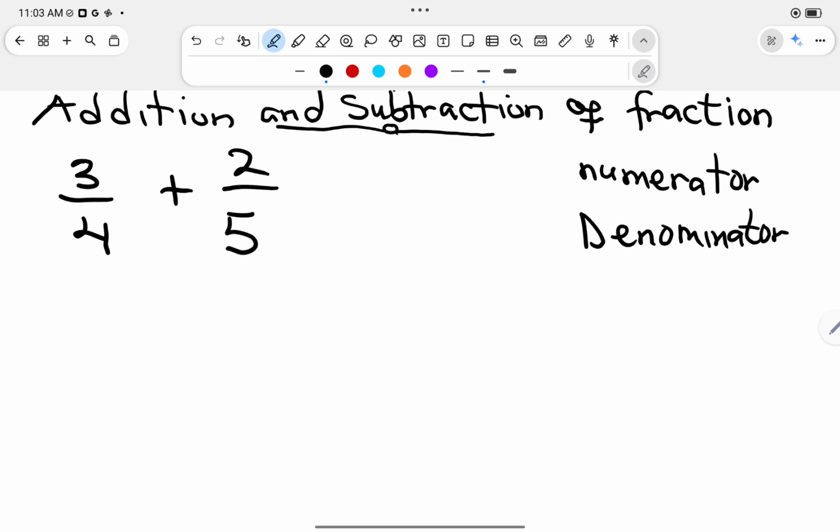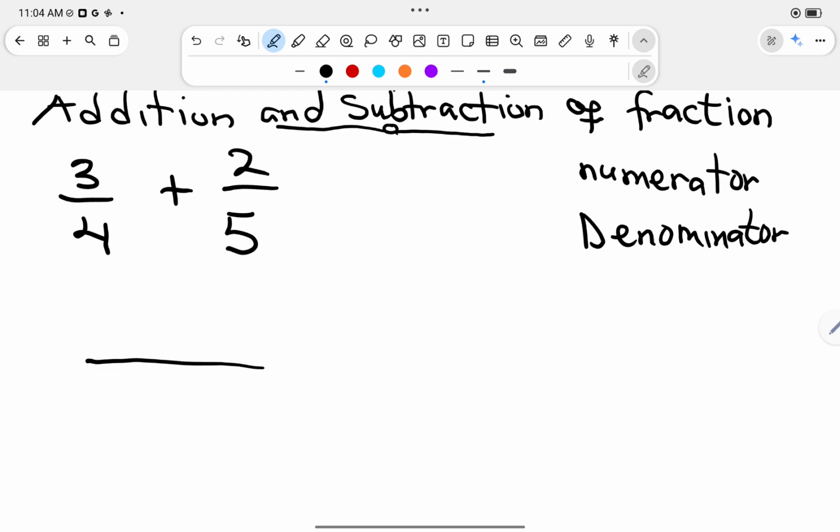First, we are going to draw a line below those two fractions, and your next step is to multiply those two denominators of the two fractions.